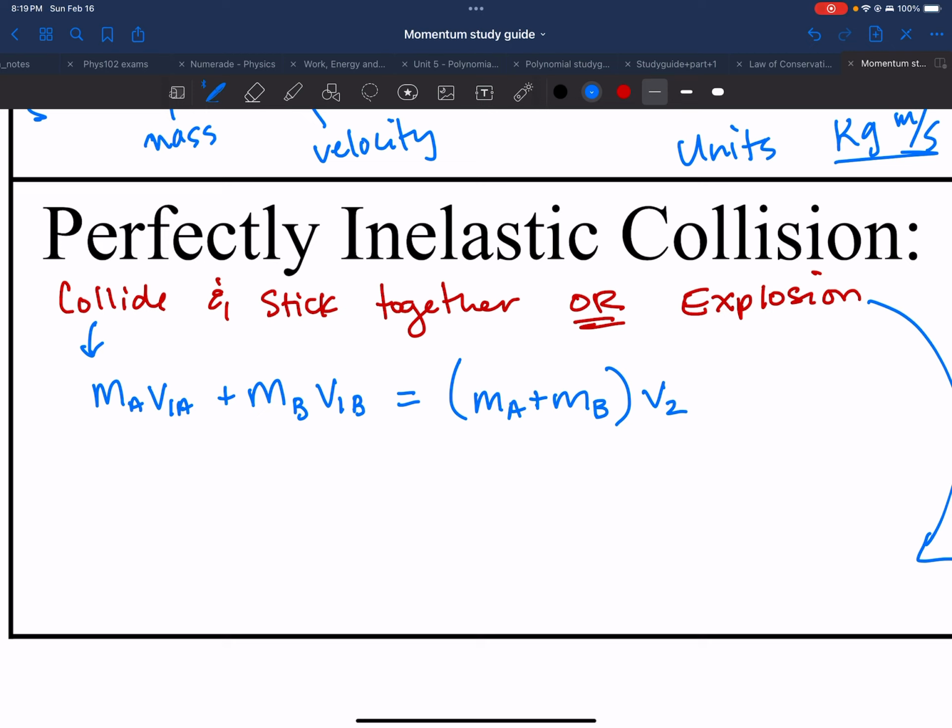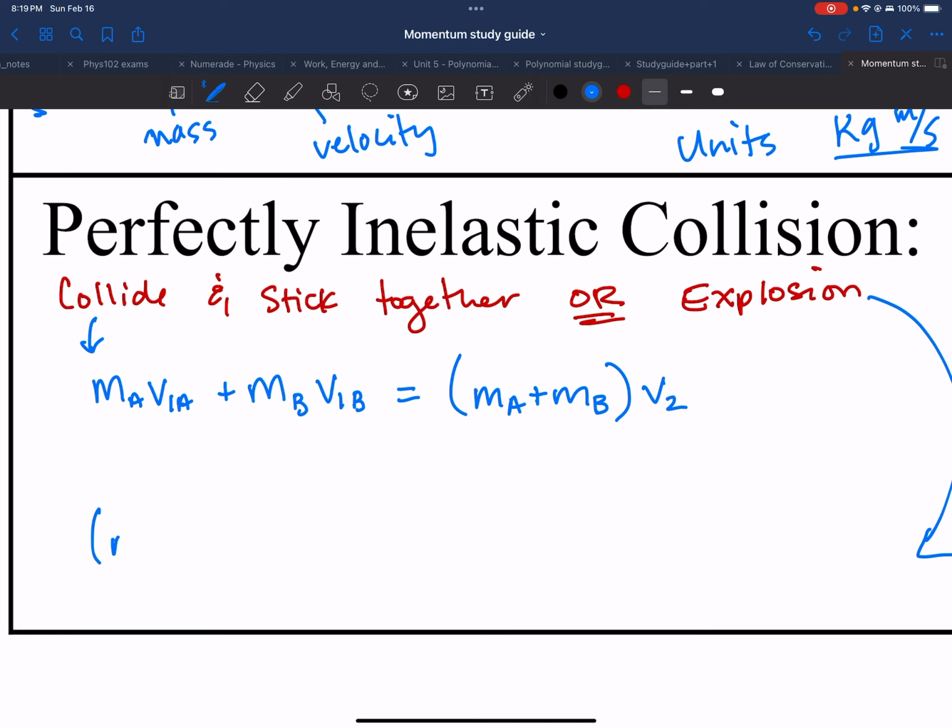Then an explosion, like a kid on a skateboard, surfboard, whatever. An explosion means that you're starting out together. So your mass of object A and mass of object B times your initial velocity, and then from there, you've got M A V2A plus M B V2B.